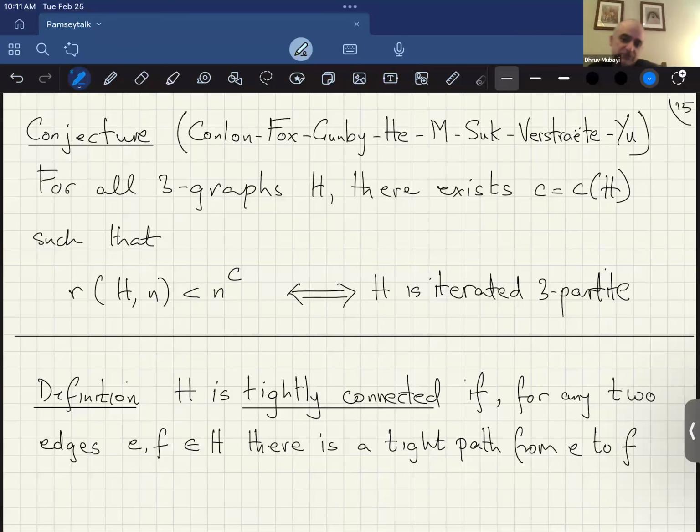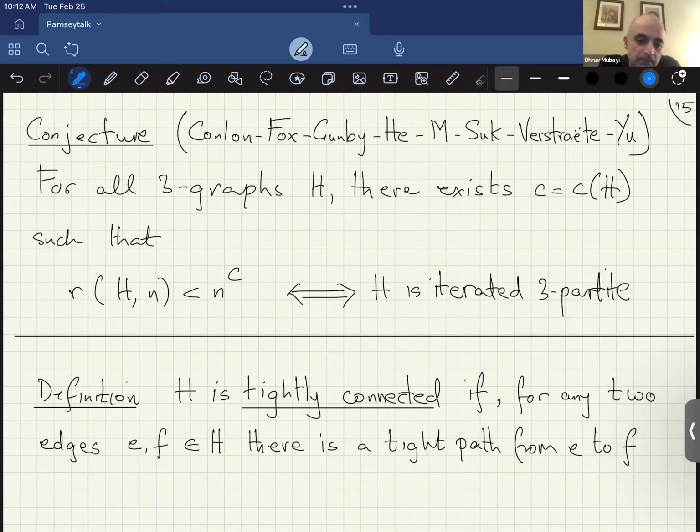It's kind of bold. It was kind of ridiculous before, because, for example, we thought that linear hypergraphs would be polynomial, right? And not all linear hypergraphs are iterated three-partite. So we're still sort of playing with fire in some sense, but we are bold enough to make this conjecture.